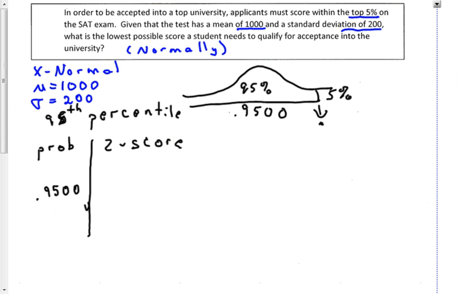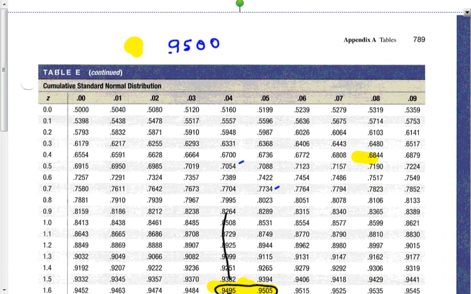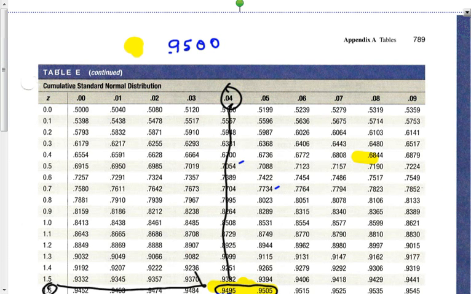Now going back, we had a 0.9495, which was below it. That came with a z-score of 1.64.